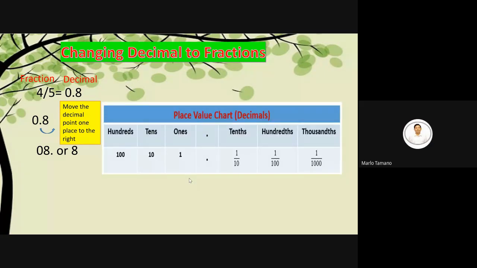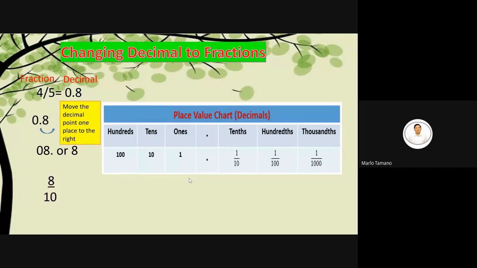So we have here the place value chart. Yung point na yan, we have 1/10, 100s, 1,000s. So, huwag niyong kalilimutan, importante po dyan para hindi kayo malito. So, place value chart for decimals. Okay? And the point, read as N, conjunction.